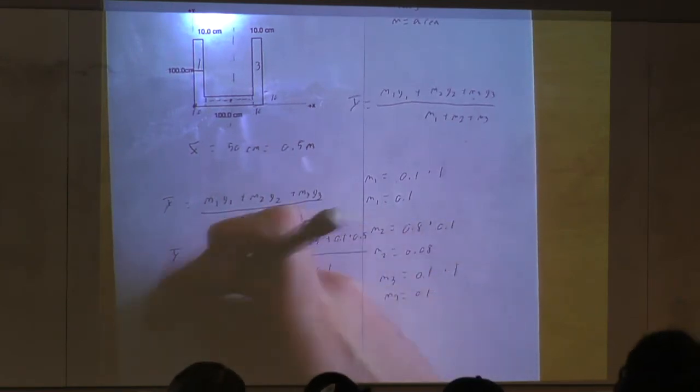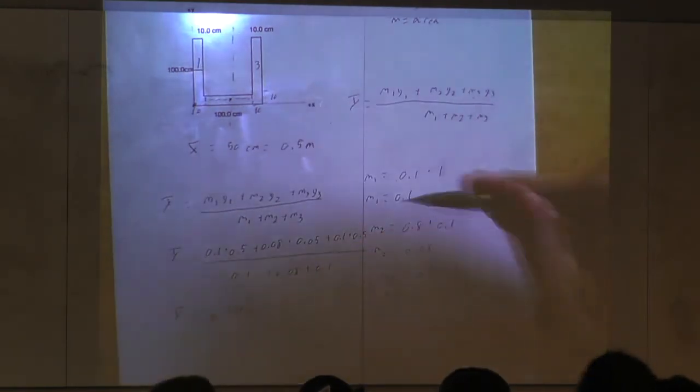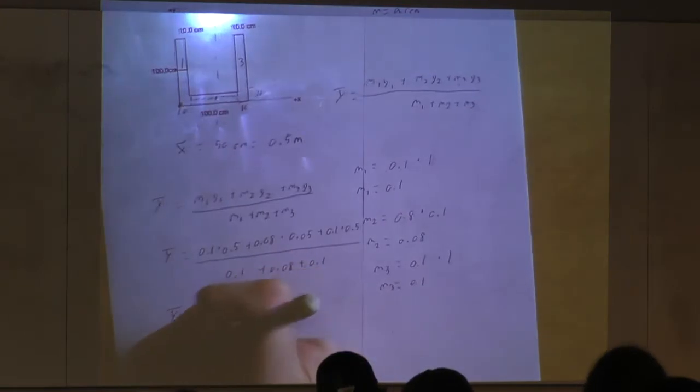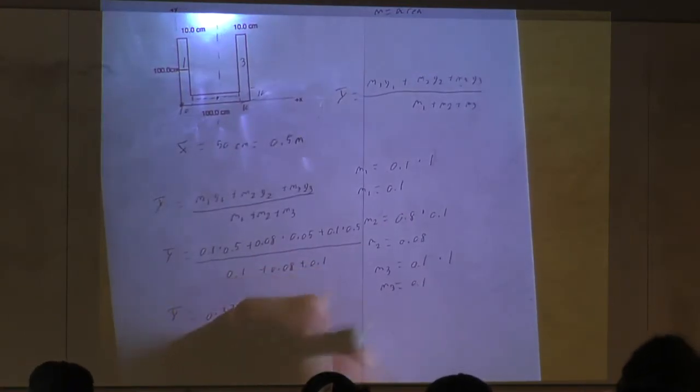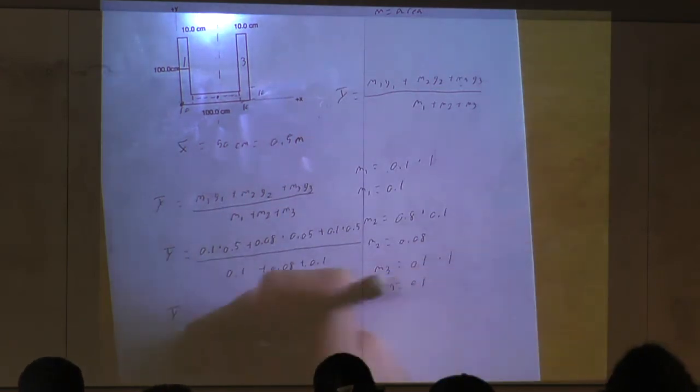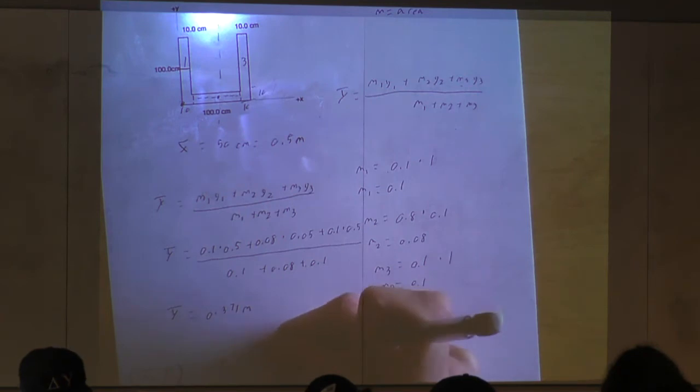That's in meters. So if that's the one for the y direction, and then we know our x already, then I can say x bar, y bar is then equal to 0.5, comma 0.371 meters.